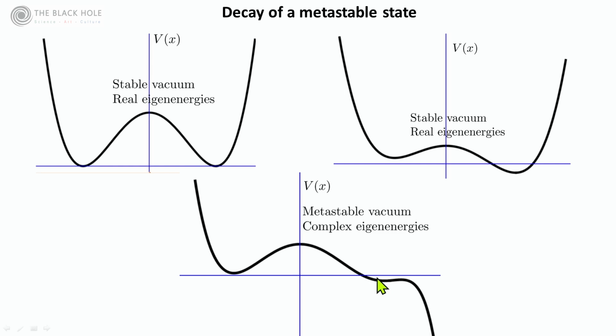I mean, it's pretty flat, but it's still a vacuum. But then out of here, it'll tunnel down to this side. And so probability will be lost, which means that this will be a decaying state, and the eigenenergies of the Schrodinger equation will be complex.